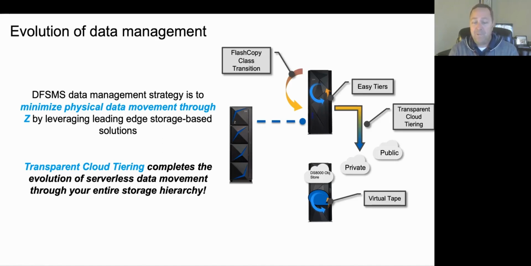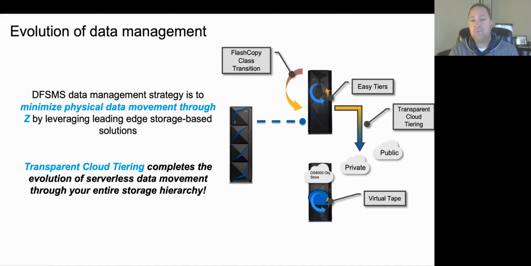Around a similar time, we had our TS7700, our virtual tape servers, managing data within a disk cache for fast access, and then data that wasn't accessed within the virtual tape server could be tiered out to physical tape, right? More recently, we had the Easy Tier solution that allows you to move data up and down within the DS8000, that primary online storage hierarchy.